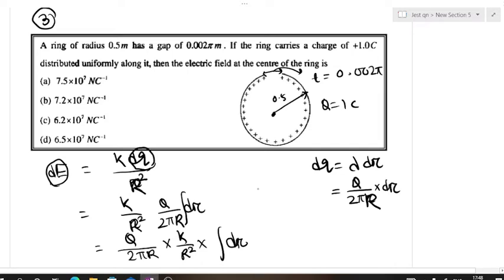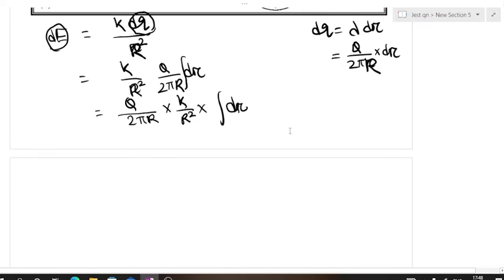So integration of dr, and this dr is this. So it is q by 2 pi r cube, and that is from 0 to t, the thickness t. Put the values.